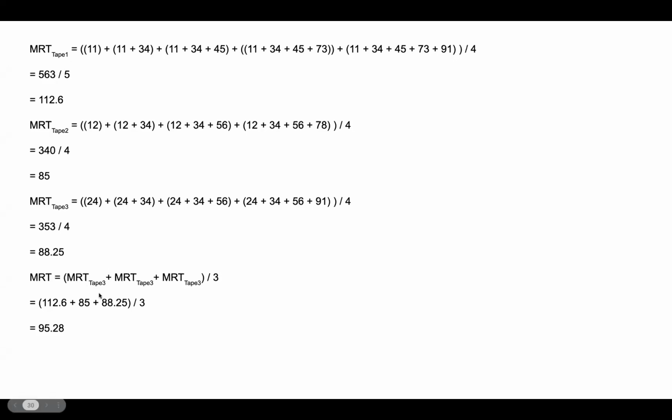Now, mean retrieval time for the whole system, what will it be? Mean retrieval time of tape 1 plus mean retrieval time for tape 2 plus mean retrieval time for tape 3. Okay, here by mistake it is 333. You have to consider it as 1, 2 and 3. Then it's divided by 3.